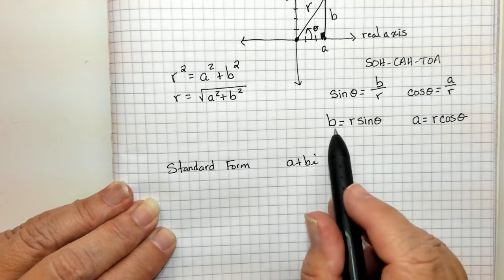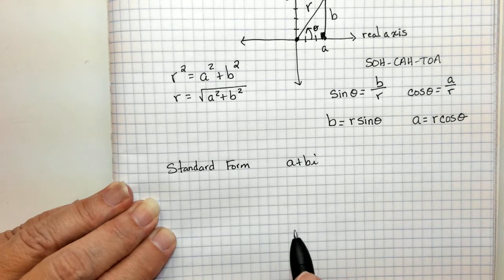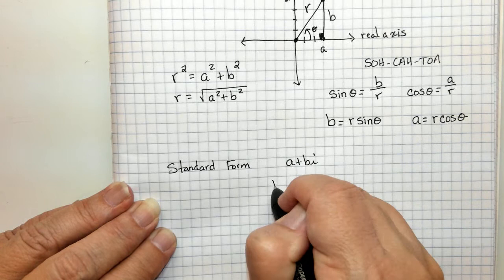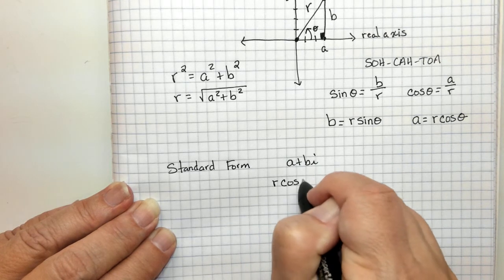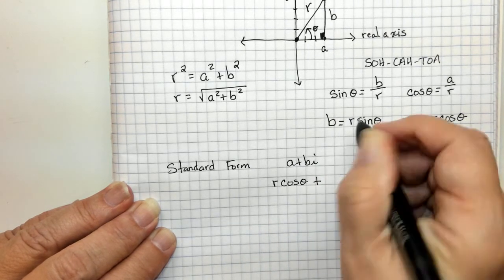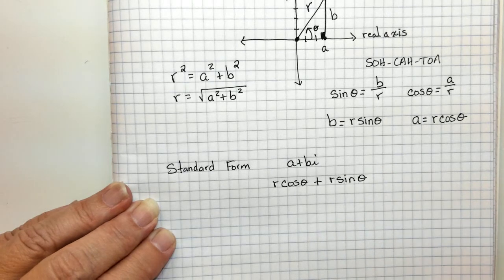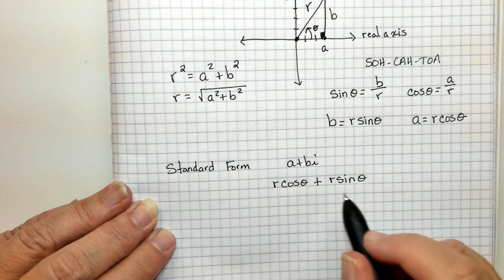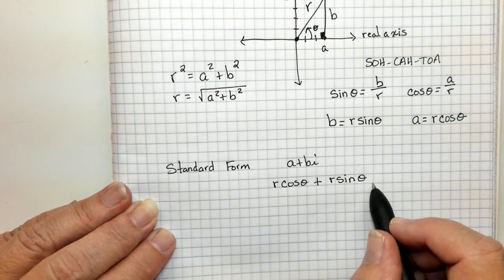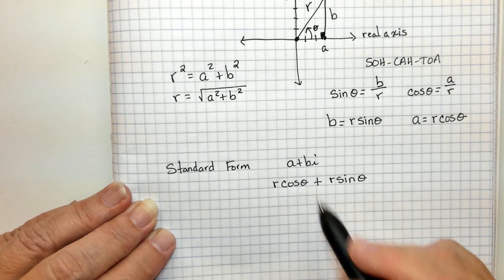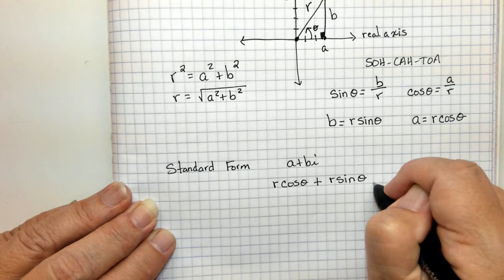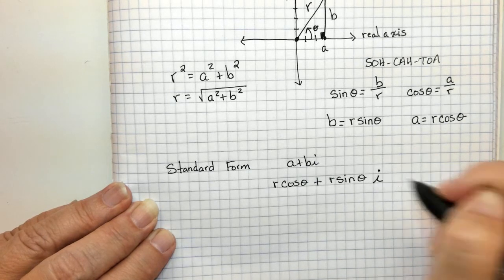And then I'm going to substitute these values for a and b. So a is r cosine theta plus b is r sine theta times i, because of our imaginary number part. So I'm going to place the i here for right now.